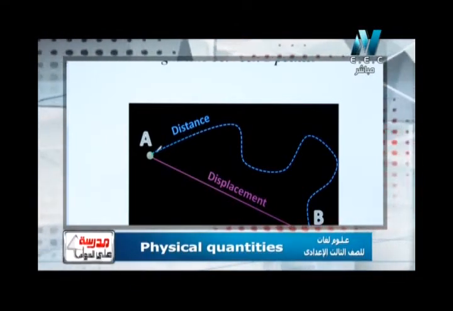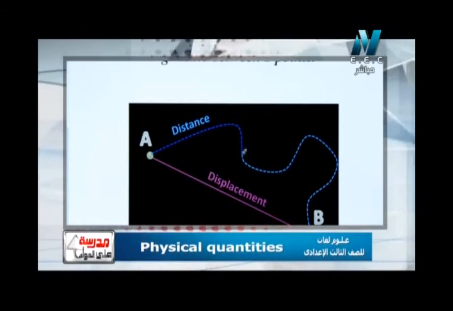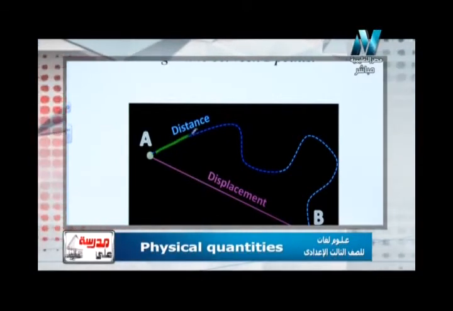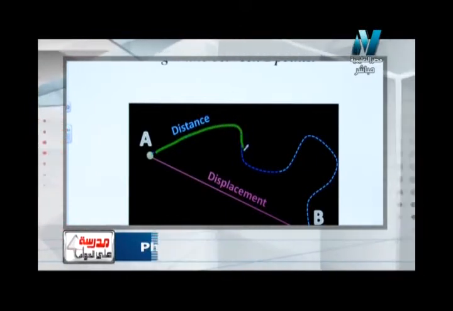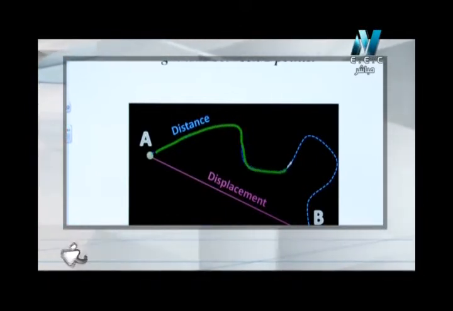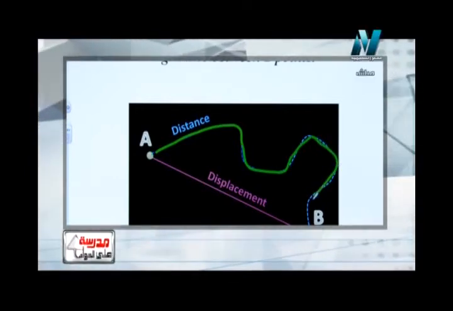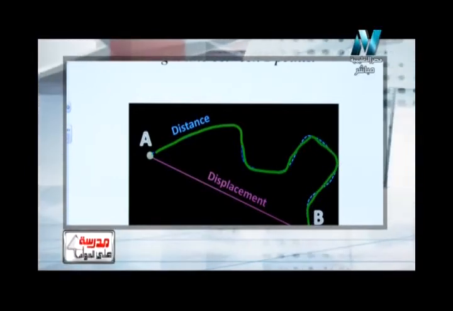Let's color it again. It moves like that and returns like that. So in this case the body moves in this direction, makes distance like that, then like that, and then reaches the last point, point B.